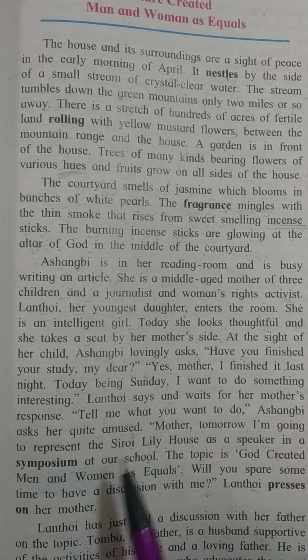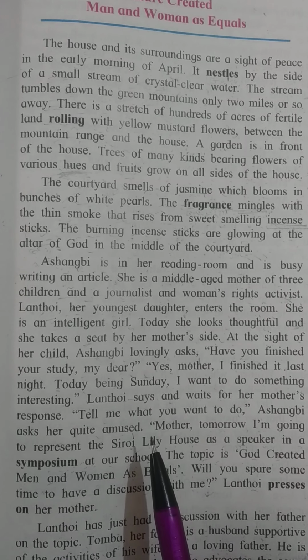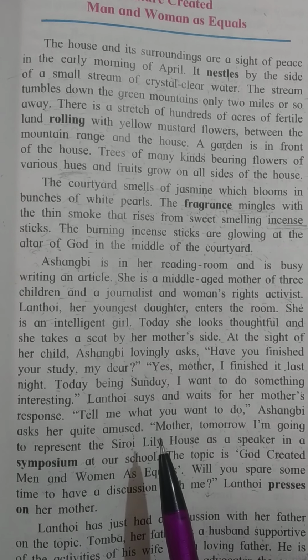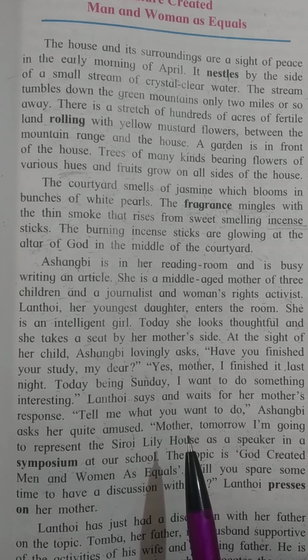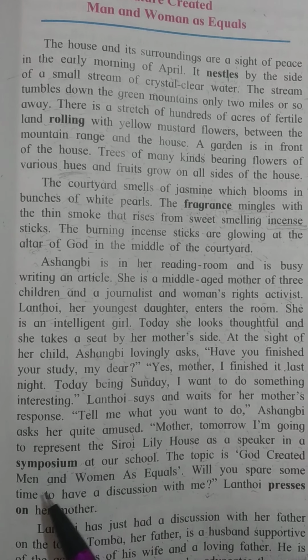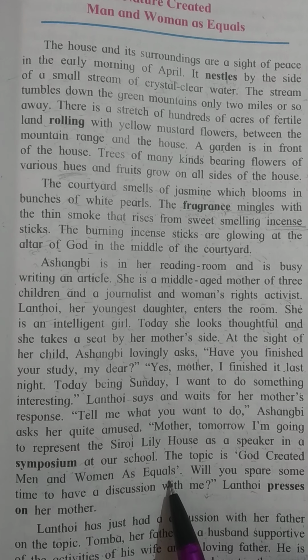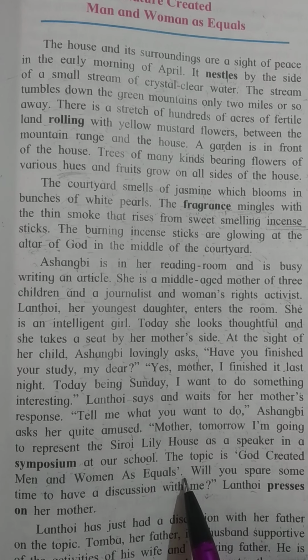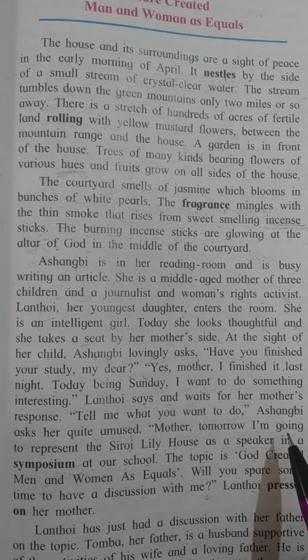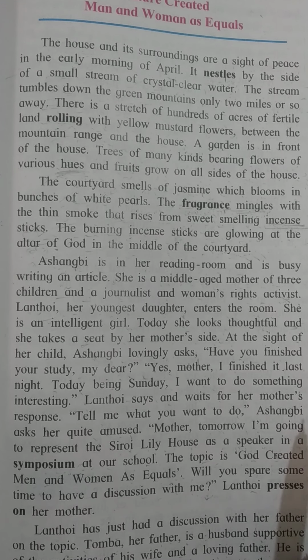So here she has been given a chance to speak. What was her topic? God created men and women as equals. And knowing that her mother works for the benefit of women, she thought that she could have a discussion with her mother as well.